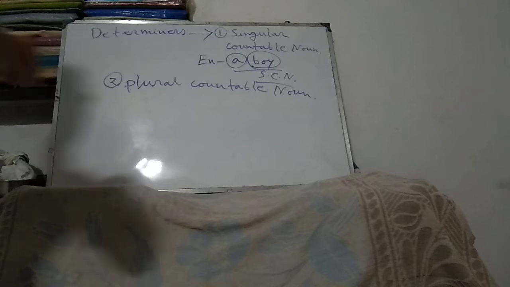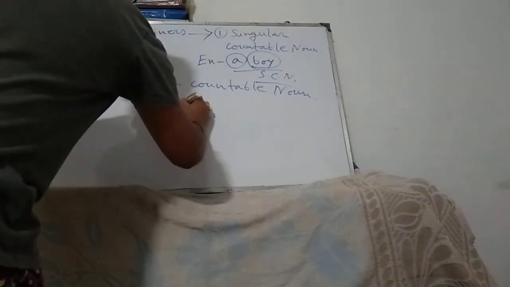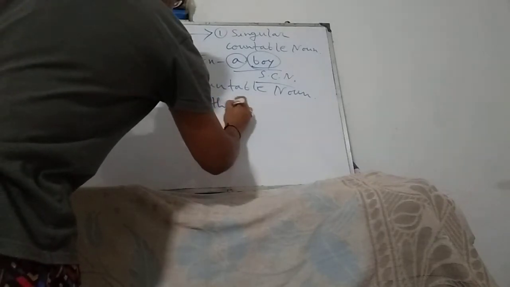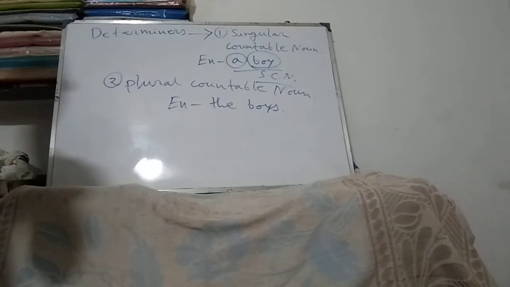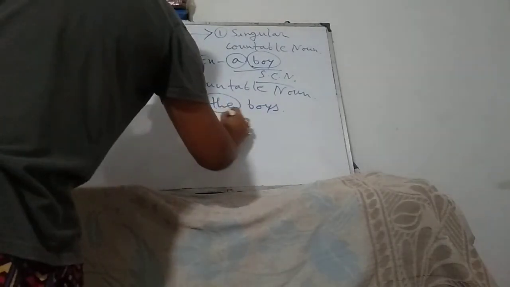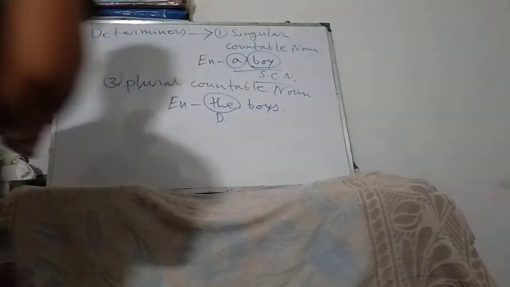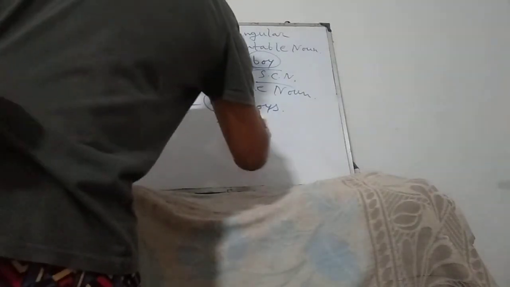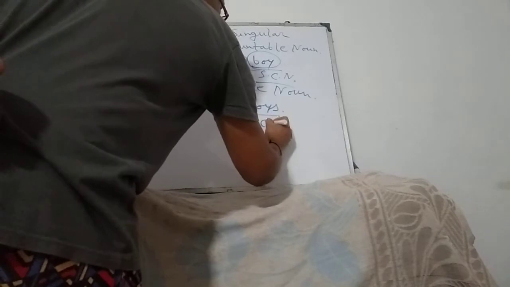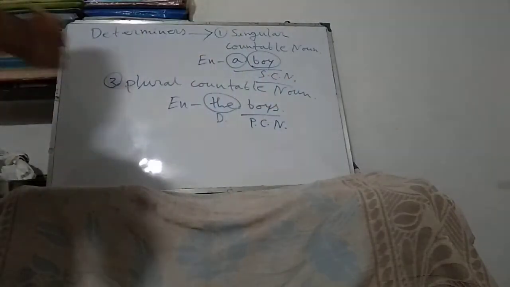For example, the boys. Look here, the, it is a determiner and it is used before a plural countable noun.